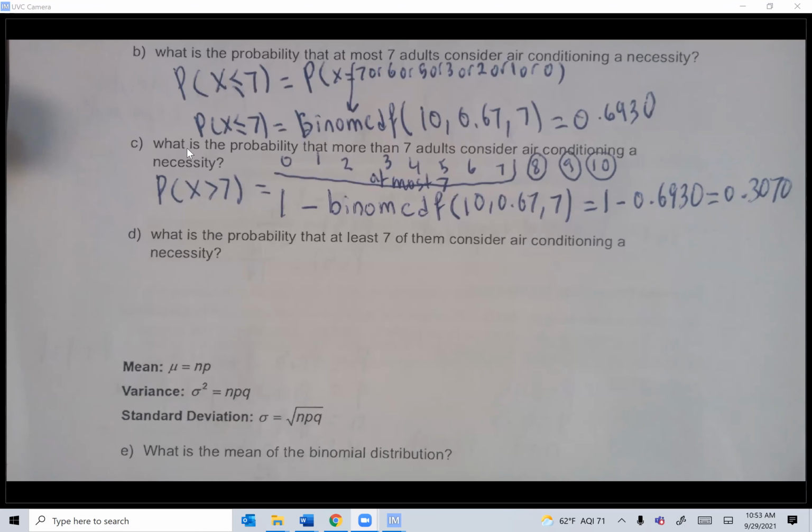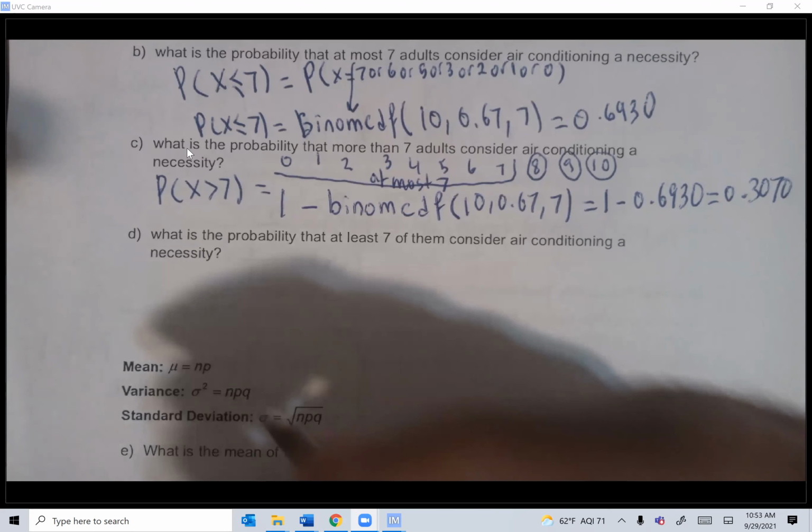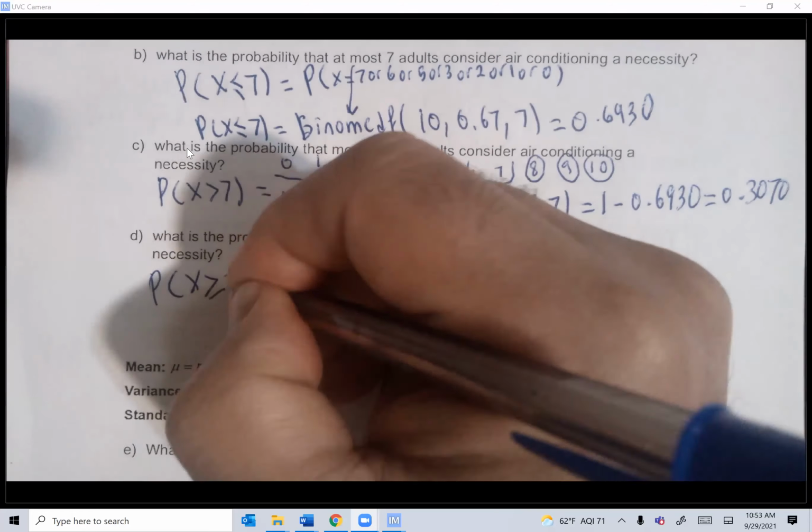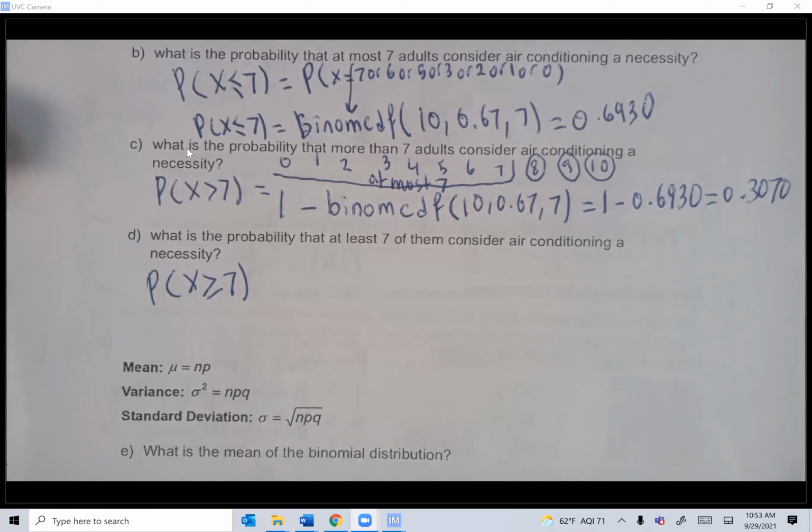D. What's the probability that at least 7 of them consider air conditioning a necessity? Do you guys agree that at least 7, we write it like this? That's at least 7, greater than or equal to. And what are the numbers that are at least 7?